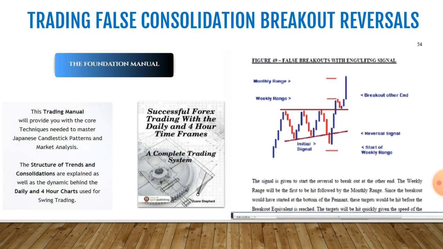Essentially, what takes place in these situations, as explained in the trading manual, is that the market will attempt a breakout at one end of the consolidation and then reverse sharply to take out that breakout attempt candle, taking us back inside of the consolidation and starting a breakout at the other end of the boundary. So that generally is the main structure of false consolidation breakout reversals, which tend to lead to sharp and aggressive movements that take us back inside of the consolidation.